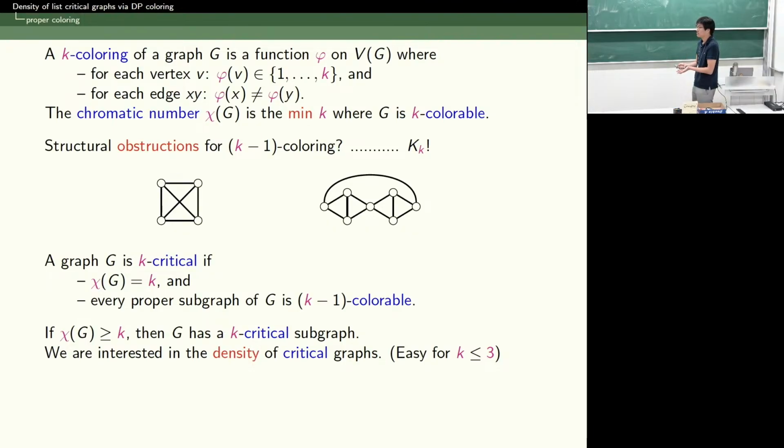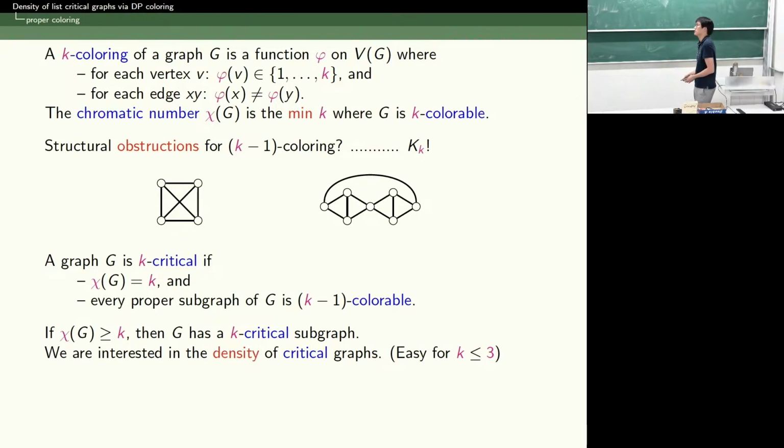After each edge removal, your chromatic number may drop or not. But at the very end, if you finish removing all the edges, the chromatic number will be 1, because you're left with an independent set. So at some point, the chromatic number dropped from k to k-1, and the graph right before it dropped will be your k-critical subgraph.